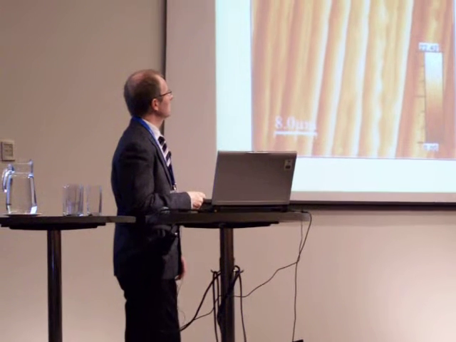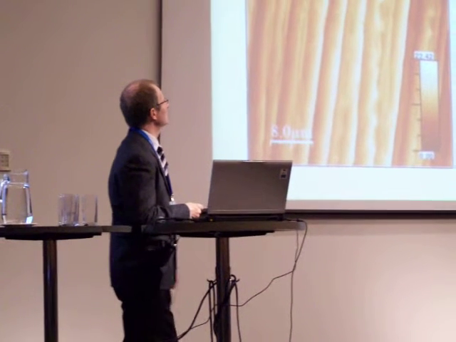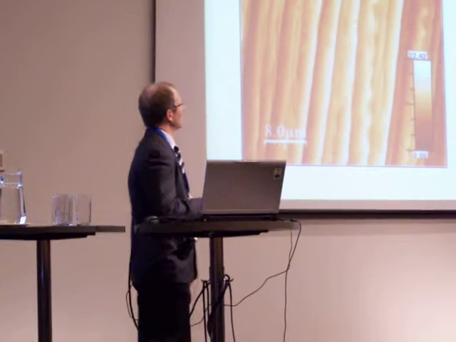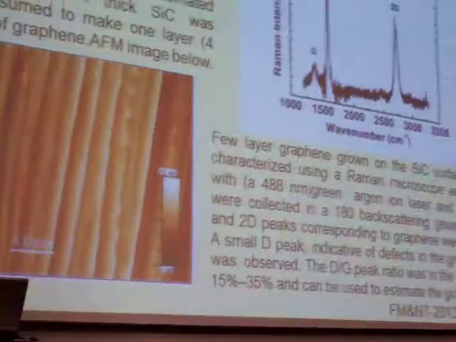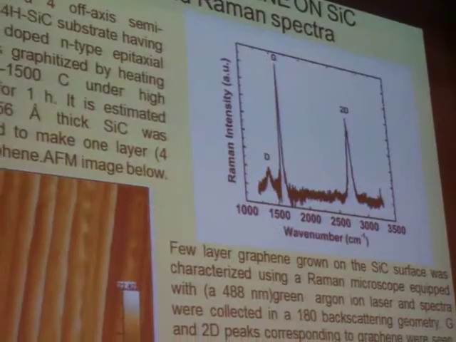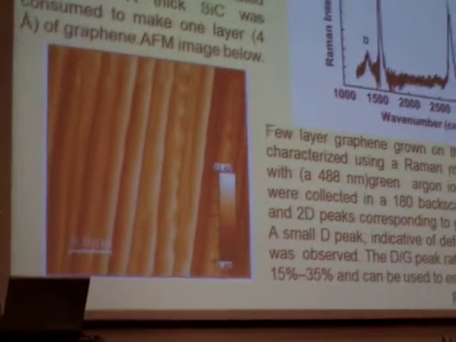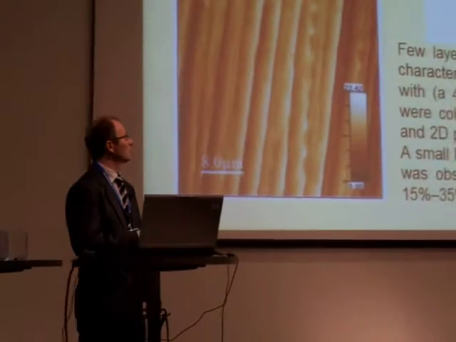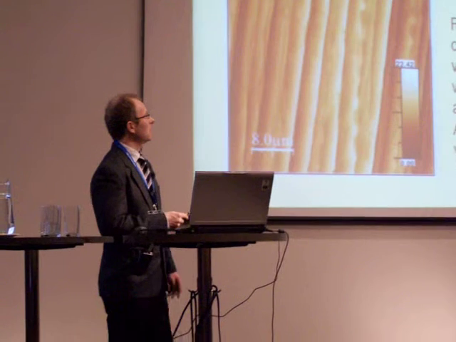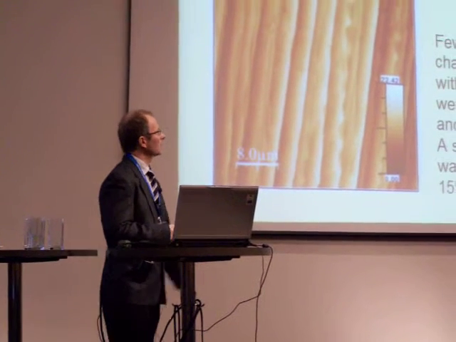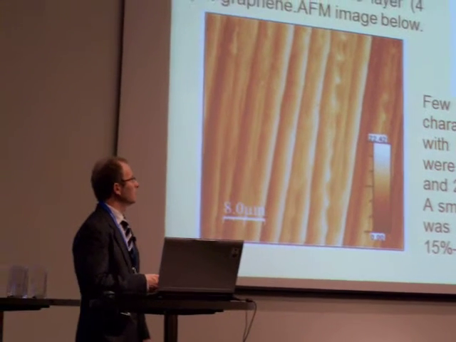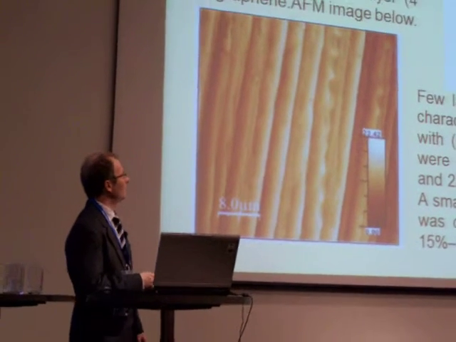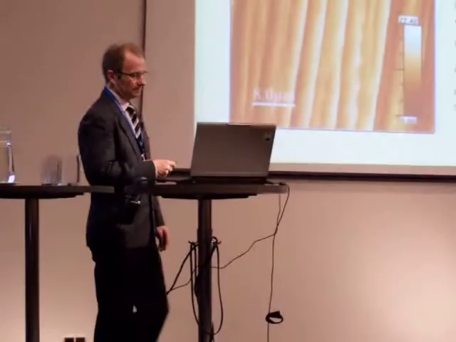A D peak indicative of defects in graphene was also observed. The D to G peak ratio was in the range of 15-35%, and it can be used to estimate the graphene grain or domain size. Typically, for graphene on silicon carbide, the grain size is about 50 nanometers.